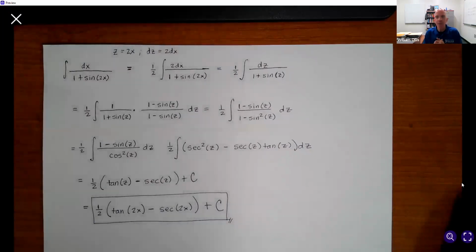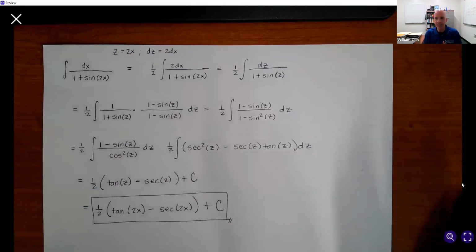Now, you might be thinking, if we used a different technique, the form of the antiderivative will most likely or necessarily look different. And many times students are perplexed by that. If you use a reduction formula or a power reducing identity to do a trig integral, the antiderivatives look very different.